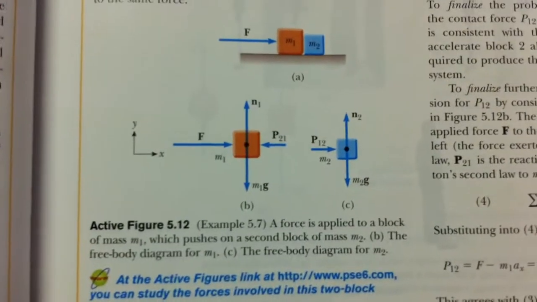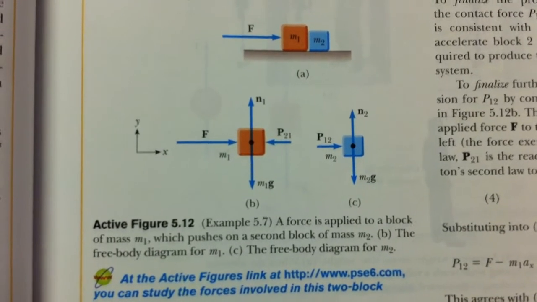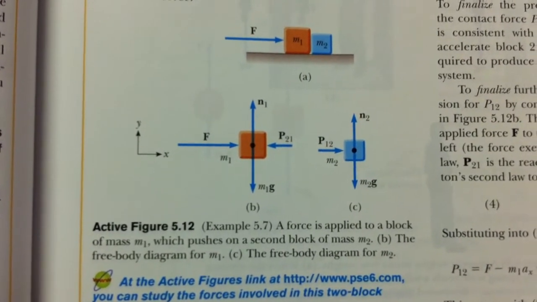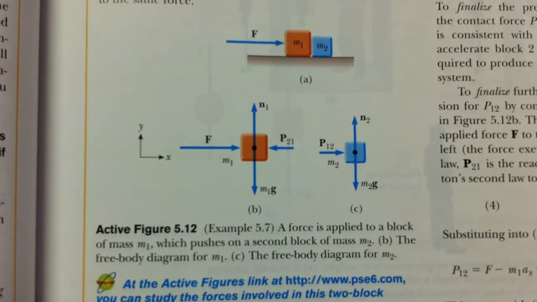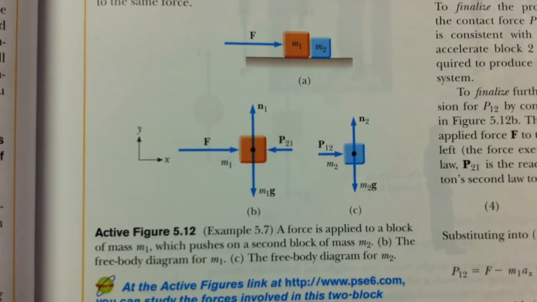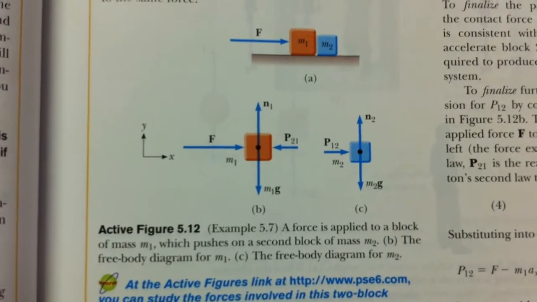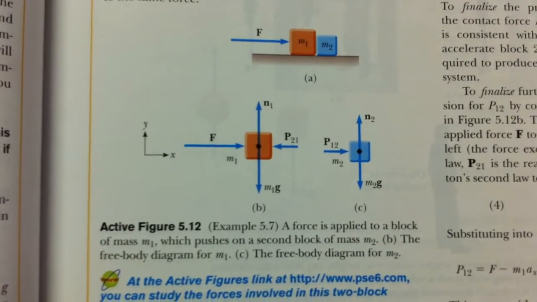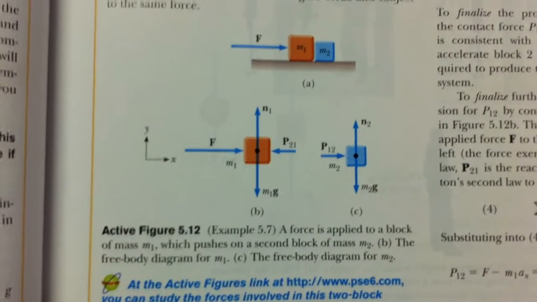Well, then you would pay attention to the internal forces. The force exerted on each box would be the force that's required to accelerate that particular mass of that particular box at the rate which we know the boxes are accelerating.